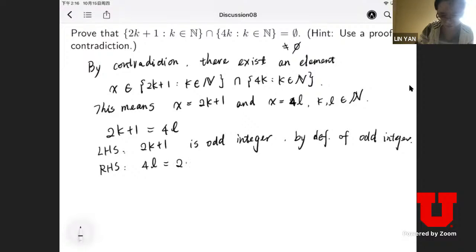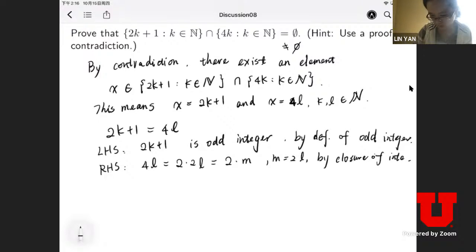It is equal to 2 times 2L. It is equal to 2m, where m is equal to 2L by the closure property of integers. So 4L is an even integer.